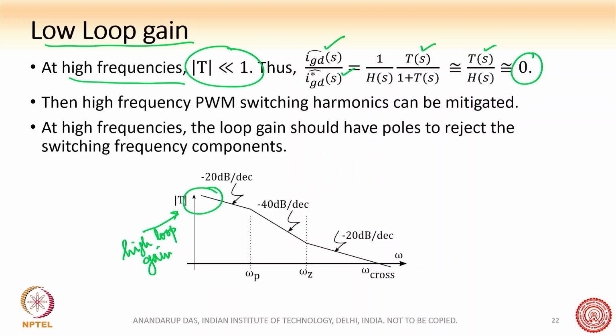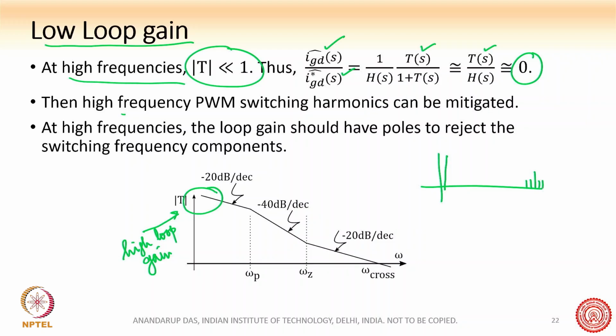Because what happens at high frequency? At high frequency, the switching frequency harmonics exist. As I told you long back, when you have this voltage source converter and a sine PWM, you have the fundamental here and switching frequency harmonics.